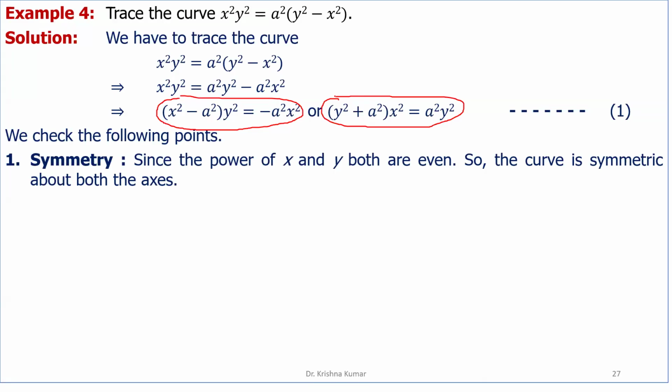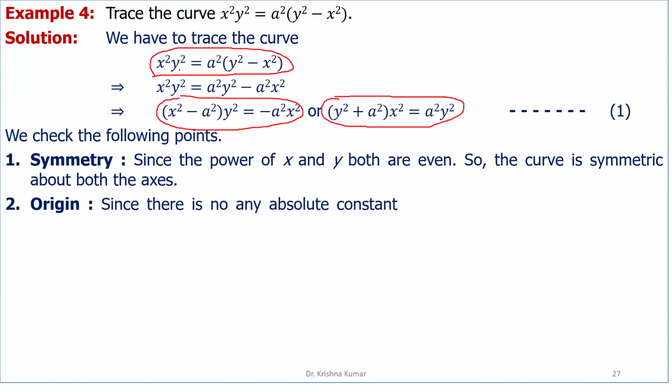If we replace x by −x or y by −y, the equation of the curve will never change because the powers of x and y are both even. So it is also symmetric about opposite quadrant, which is not mentioned here.